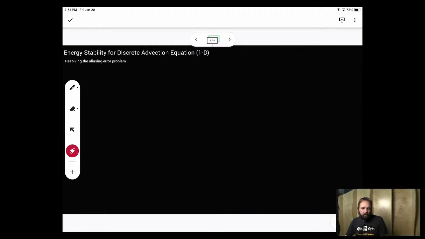So I'm going to skip down on my notes here, and we'll talk about implementation. So what we did is we started with the conservative form. We split that into 1/2 of the conservative form plus 1/2 of the chain rule form, in other words, the skew symmetric form.